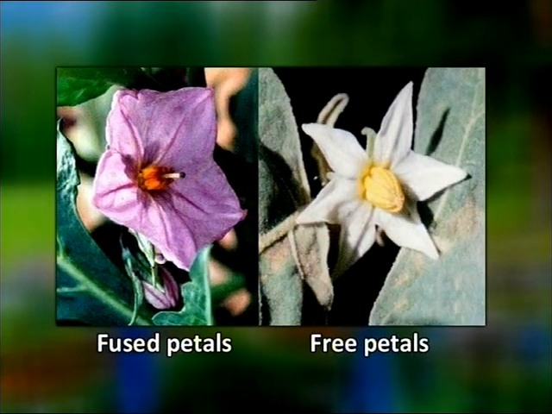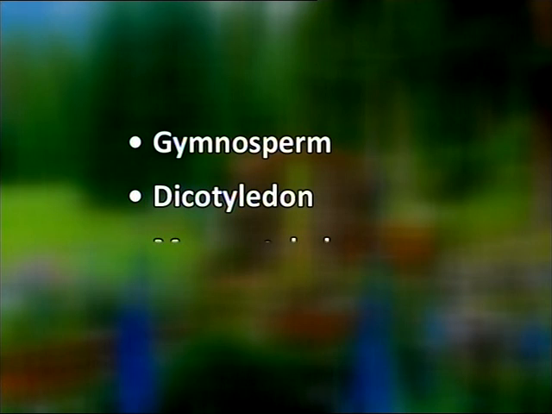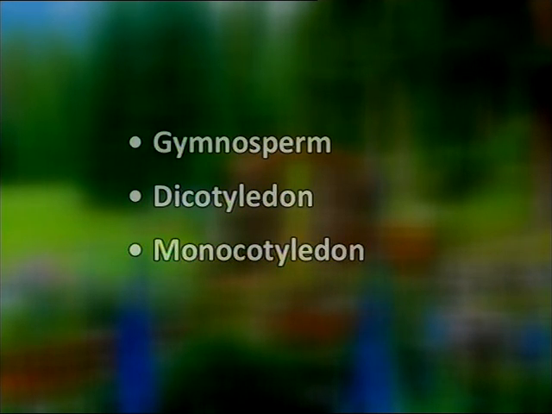Basically, the classification system of Bentham and Hooker is on the same basis as that of De Candolle, but with some modifications such as greater emphasis on the free and fused condition of petals. This system includes the names and descriptions of all genera of seed plants known so far and classified accordingly. They divide seed plants into 3 classes in sequence: Gymnosperm, Dicotyledon and Monocotyledon.